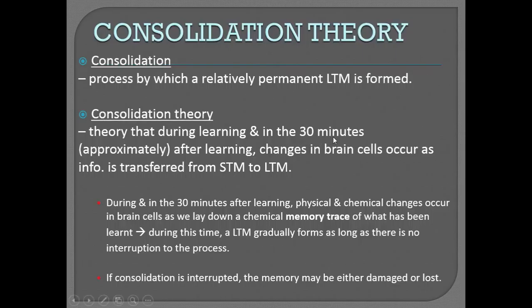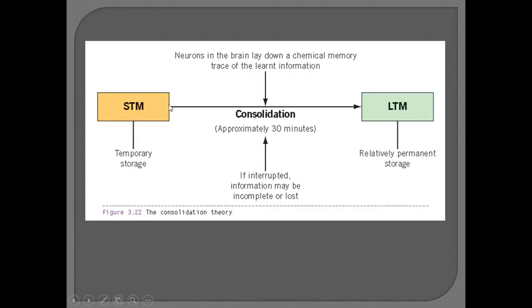This theory suggests that it happens in that 30 minutes afterwards. If it's interrupted, we might not be able to lay down those memories as strongly, and we can damage or lose that information. We have a picture here. If we've got short-term memory and we're working through things, this theory suggests that we've got those physical changes to consolidate.